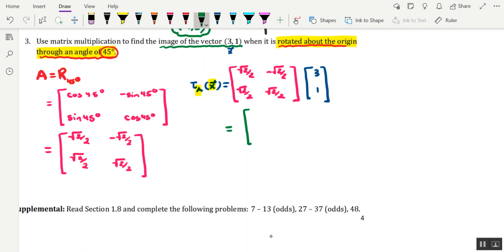And when you do this, you should get a 2 by 1. And let's be sure we're careful about the multiplication. It's going to be radical 2 over 2 times 3, so 3 radical 2 over 2, added to negative radical 2 over 2 times 1.